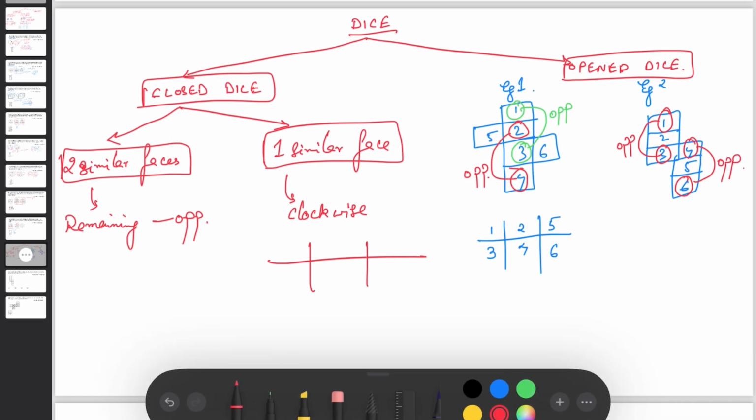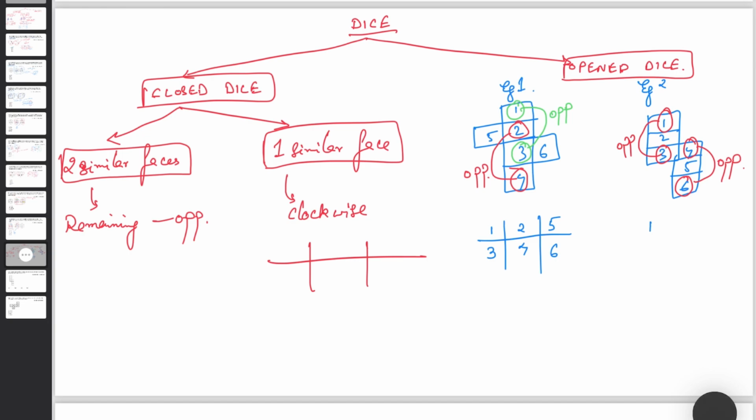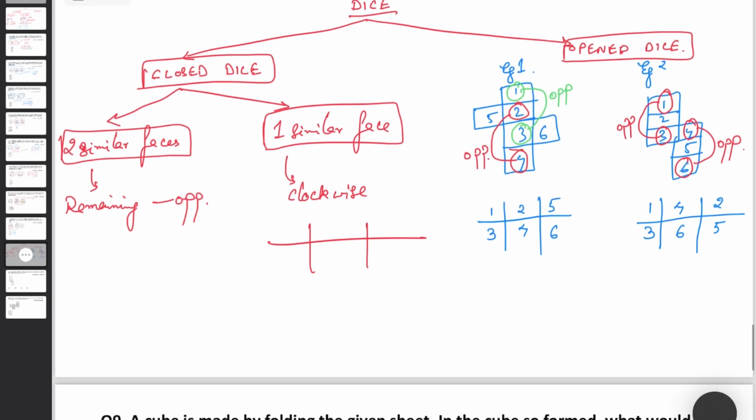So we can write like this: 1 and the 3 are opposite to each other, 4 and the 6 are opposite to each other, and what's the remaining? The remaining is 2 and the 5. 2 and the 5 are opposite to each other. So we can solve most of the question by using these techniques.